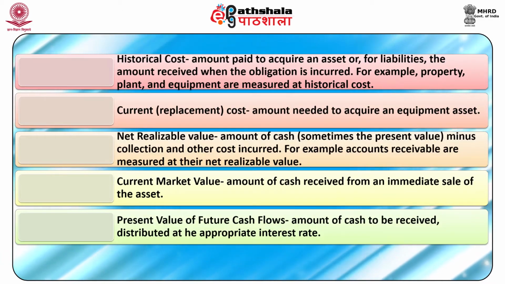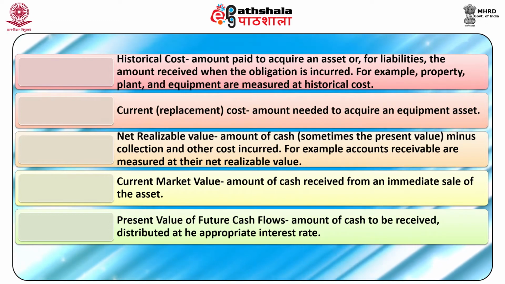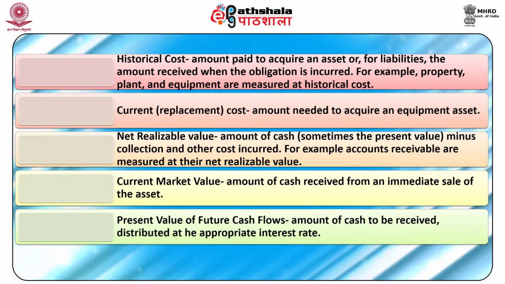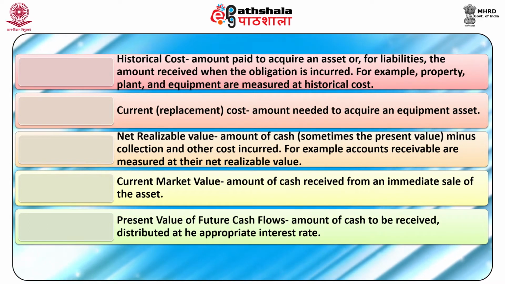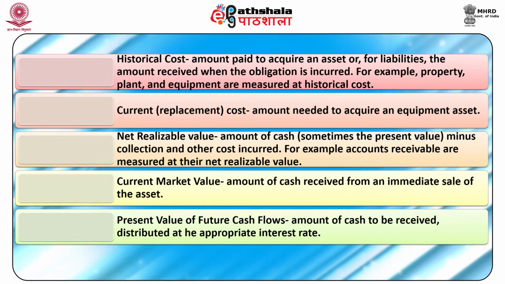Number 1, historical cost: the amount paid to acquire an asset or liability, or the amount received when the obligation is incurred. For example, property, plant and equipment are measured at historical cost. 2, current or replacement cost: the amount needed to acquire an equivalent asset.